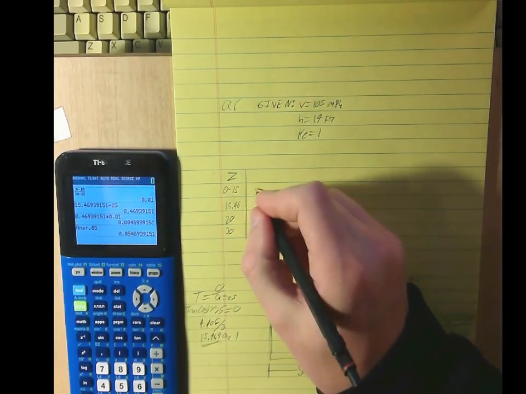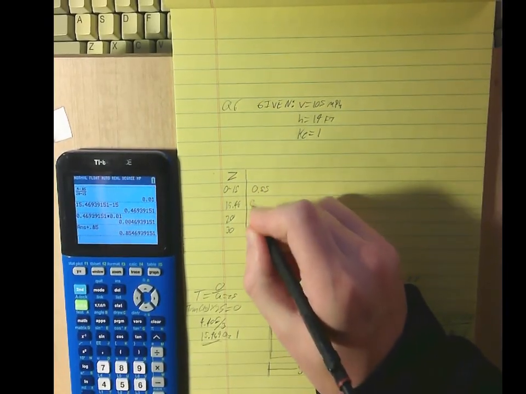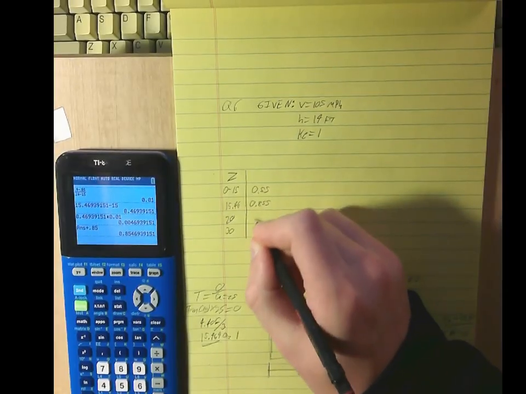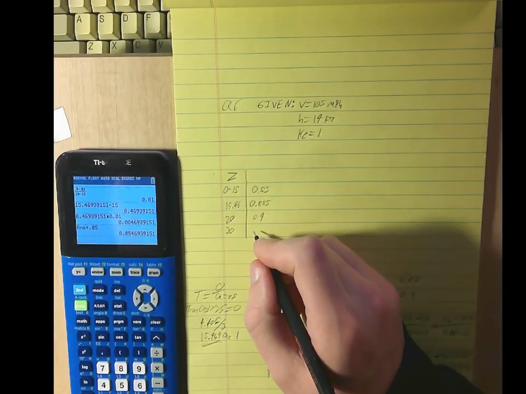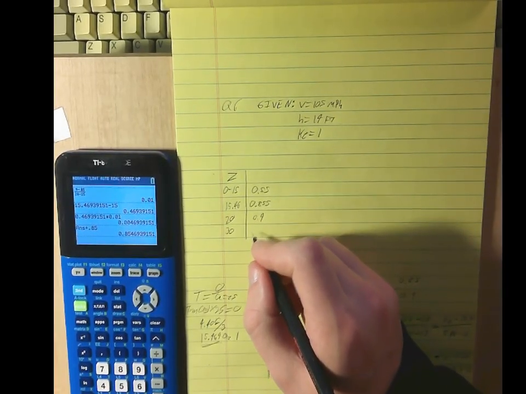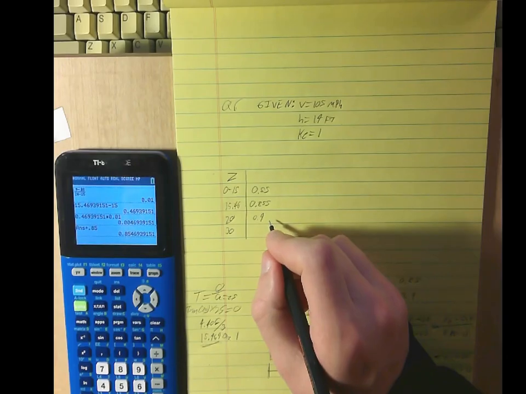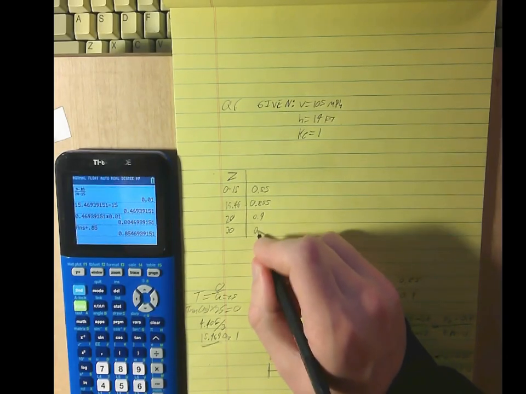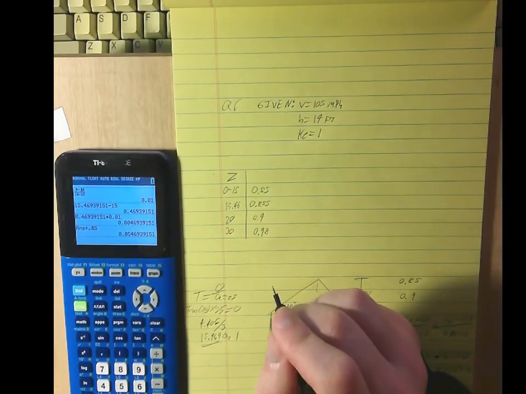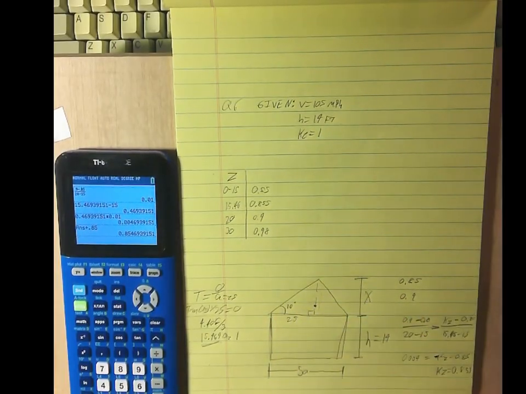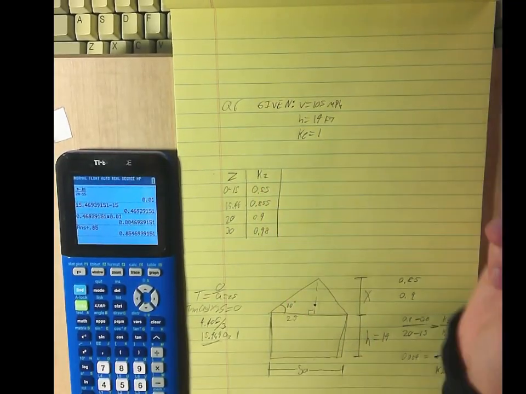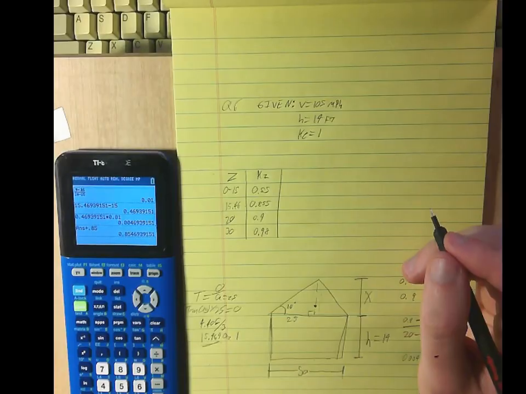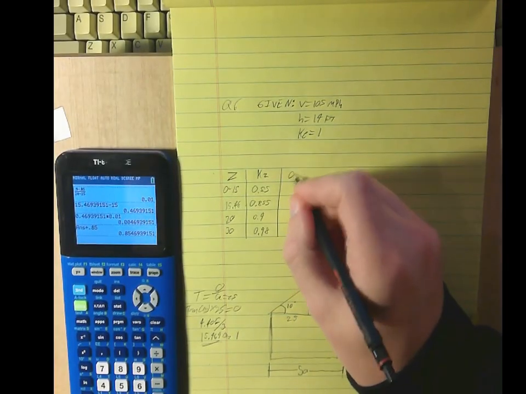So let's write that down. 0.85, 0.855, 0.9, and 30 was 0.98. Okay, that's our KZ values. And then what's next here? QZ.